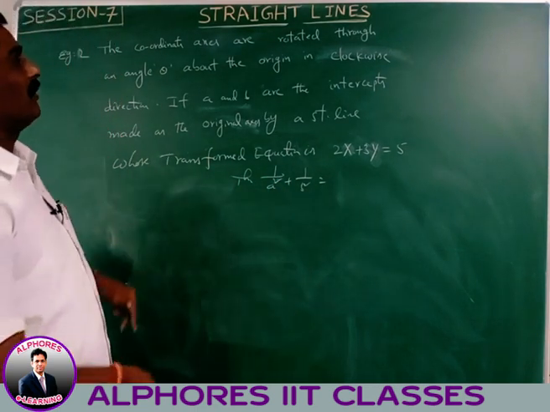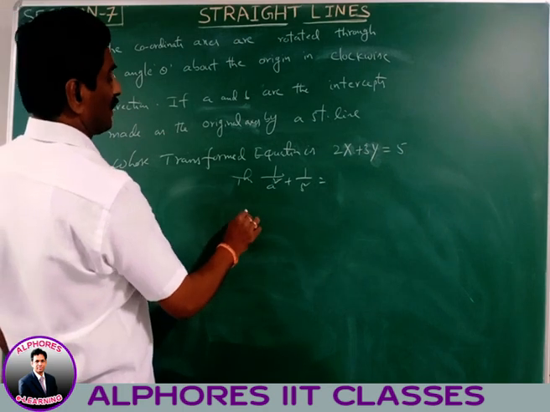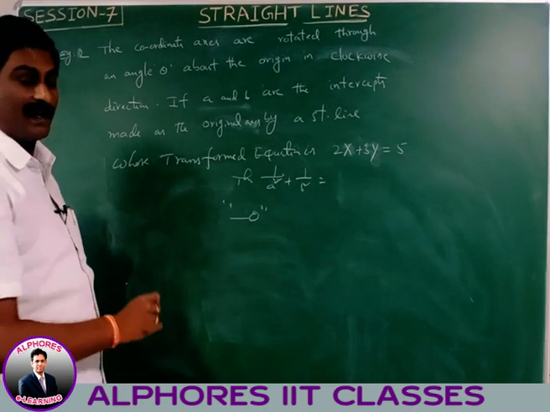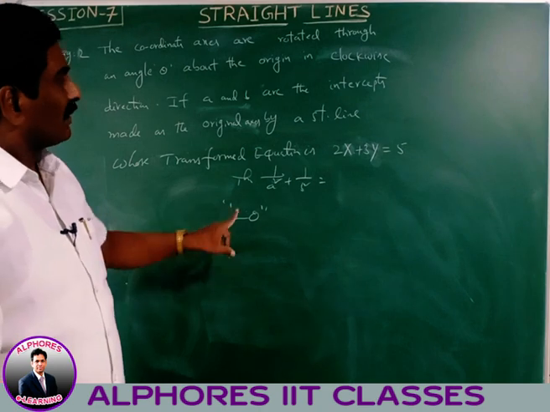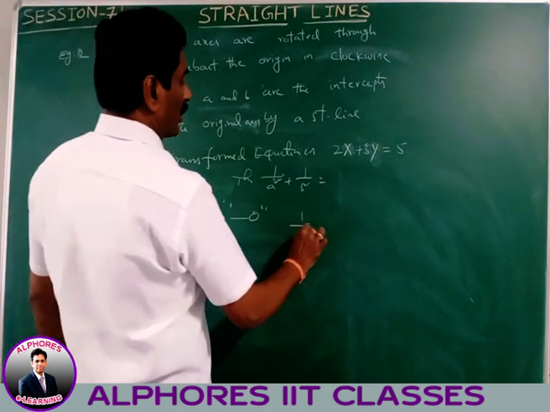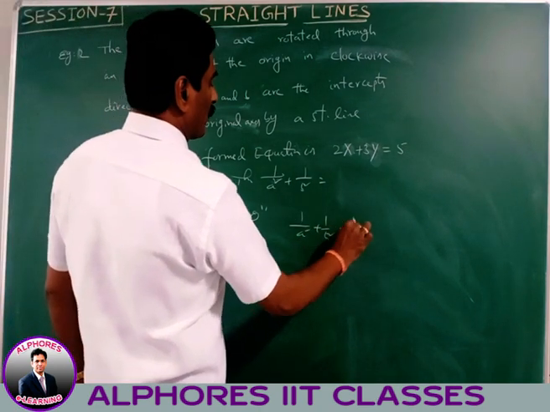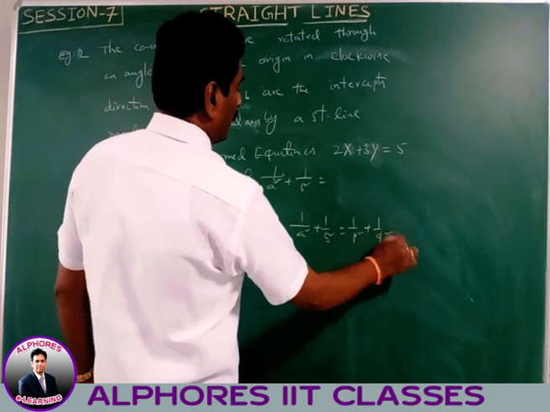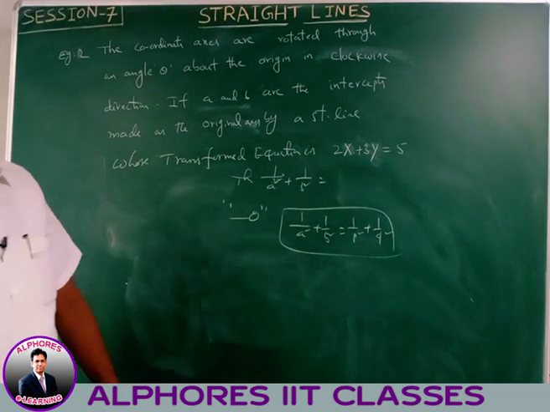Please observe this value. In this case, the angle of rotation is minus theta, since clockwise means minus theta. For any angle of rotation, 1 by a square plus 1 by b square is equal to 1 by p square plus 1 by q square. By using this property, find the value of 1 by a square plus 1 by b square.